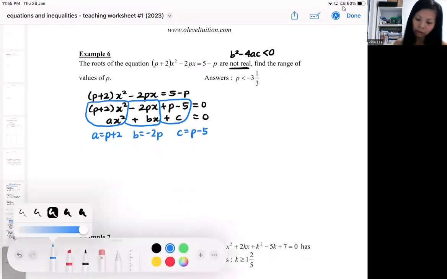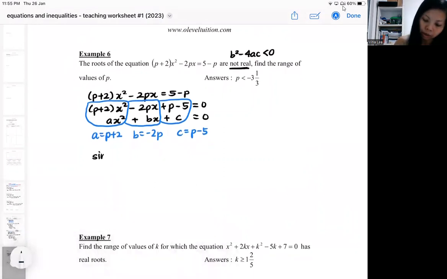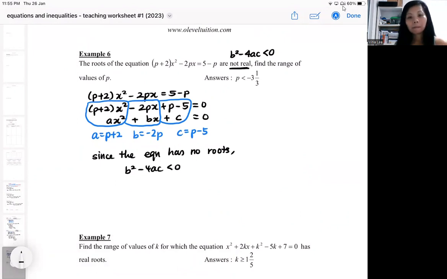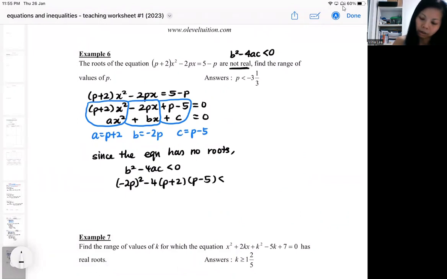So once you get the ABC, you do the explanation. Since the equation has no roots, it is implying that the discriminant is negative. So you insert in your ABC. Like I mentioned, when you insert your ABC, it looks very complex because you need to do the algebra expansion first.